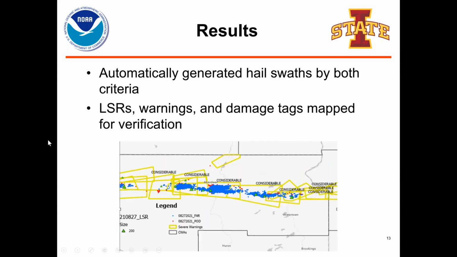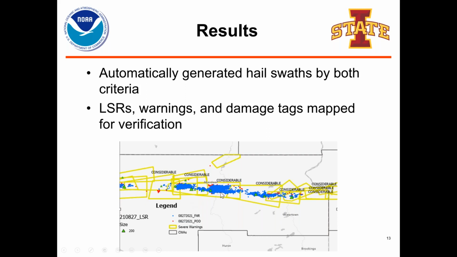So this is what it looks like if you actually bring it into ArcGIS using the instructions that we've included with the program. So you get these hail swaths that you have our two different criteria here. In red is the POD criteria, so it's sort of a less stringent criteria, and you're going to get more pixels.